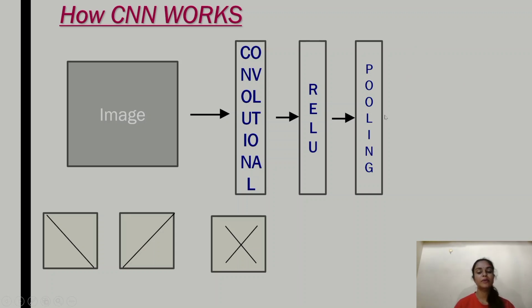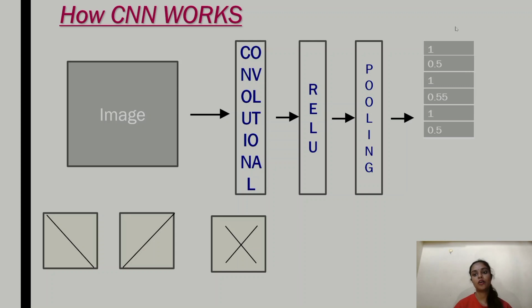In that way, we reduce the size of the image. So the main purpose of the pooling layer is reducing the size of the image. After pooling, we get a matrix. That matrix is written in a vertical list, which we call a vector. These vectors are used for the classification of the image. This is how CNN works.